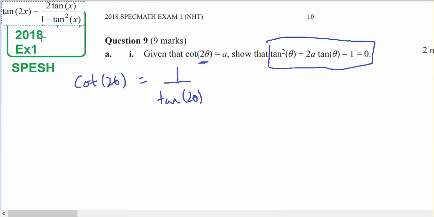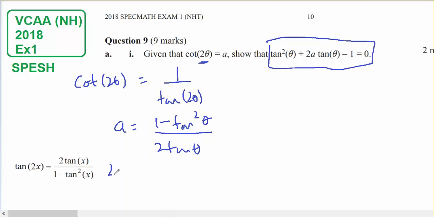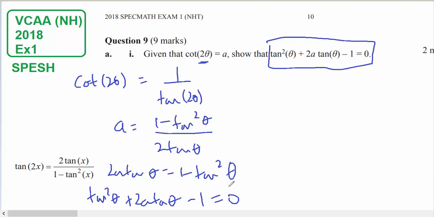So cot 2 theta is a, which will equal 1 minus tan squared theta on top of 2 tan theta, which means 2a tan theta equals 1 minus tan squared theta. Move everything to the left. Tan squared theta plus 2a tan theta minus 1 equals 0, and that's what we had to show.